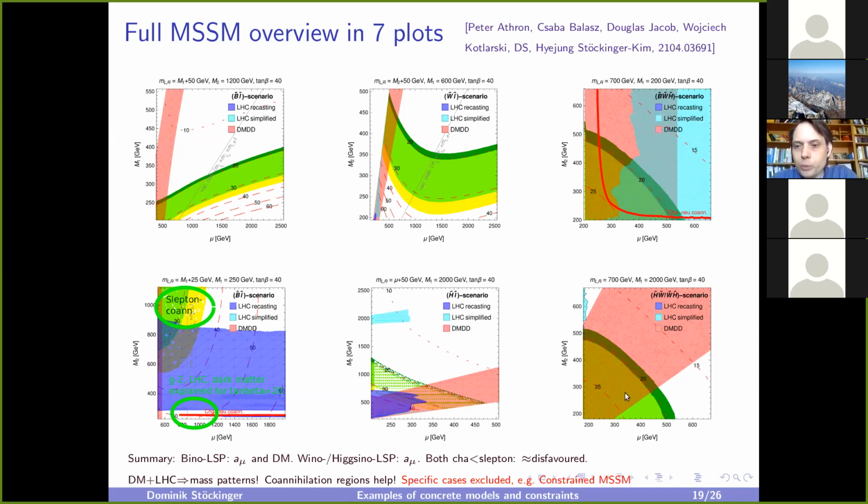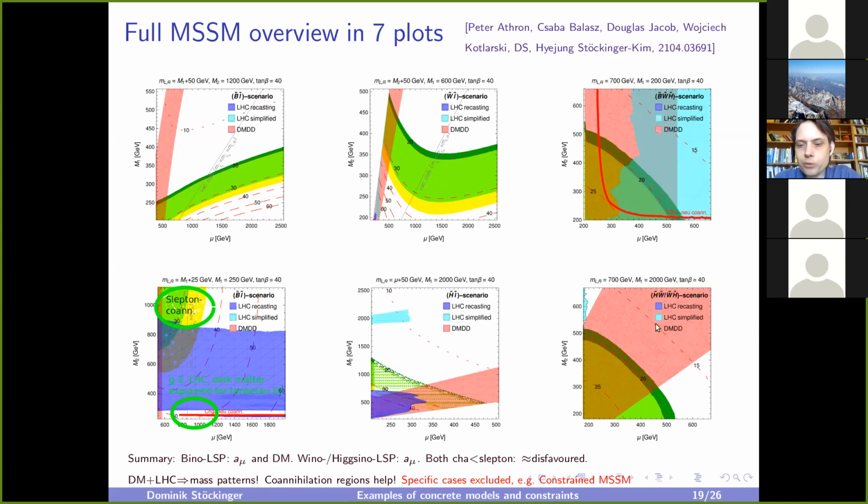Then on the right, we take a final, different region in the MSSM parameter space where the sleptons are rather heavy and both charginos are lighter than the sleptons. This is complementary to the previous 4 plots. If both charginos are lighter than sleptons, then the LHC limits on the charginos are not very stringent.